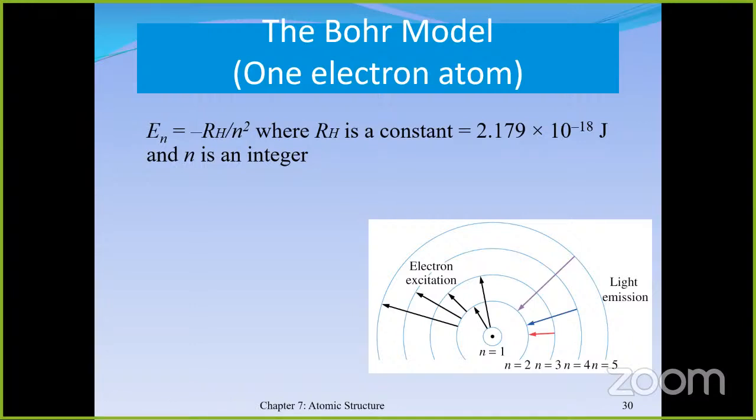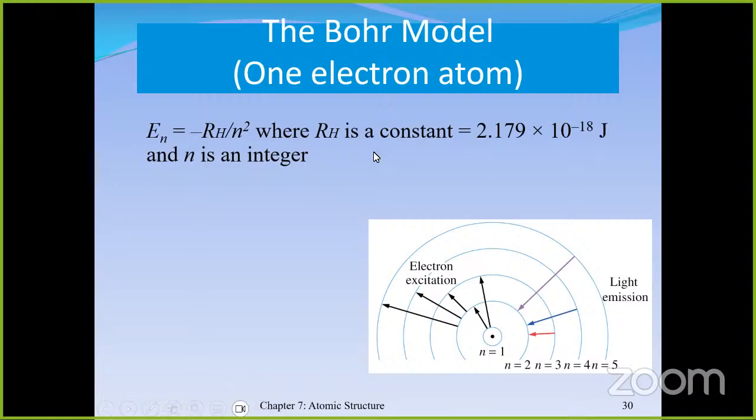So he did his calculations and theoretical work, and he came up with this equation right here to calculate the energy of each orbit. En is equal to minus RH divided by n squared, where n is the number associated with the orbit. So n=1 would be for the first orbit, n=2 would be for the second orbit, and so on.